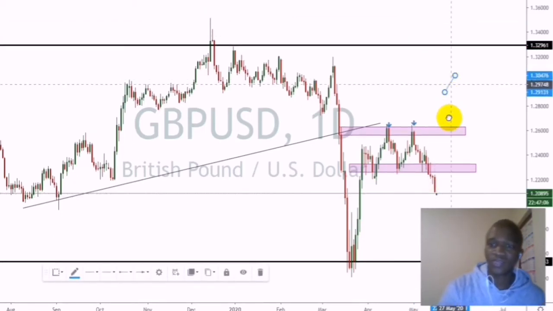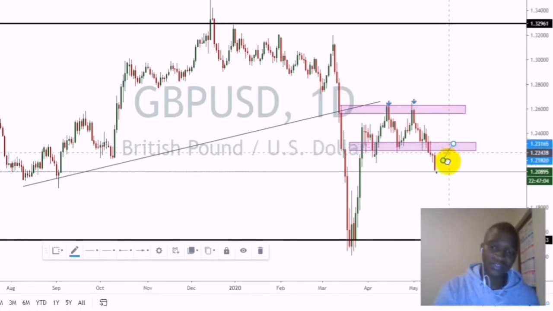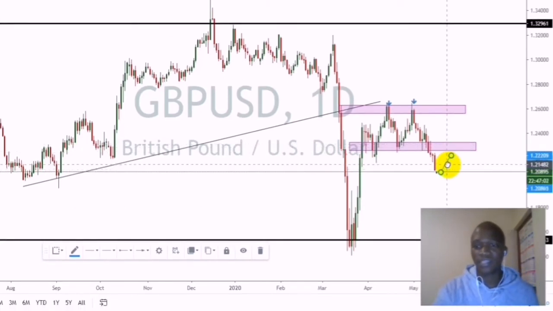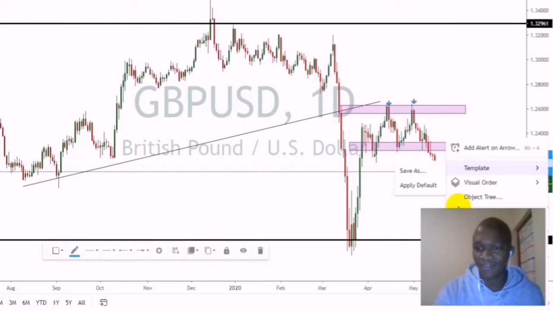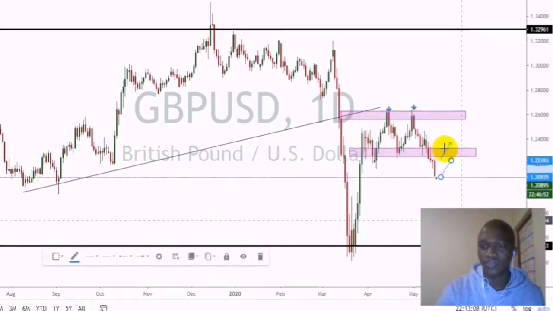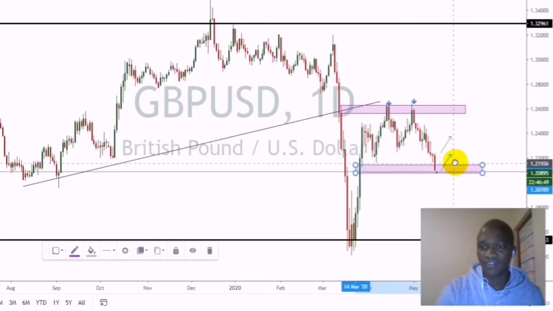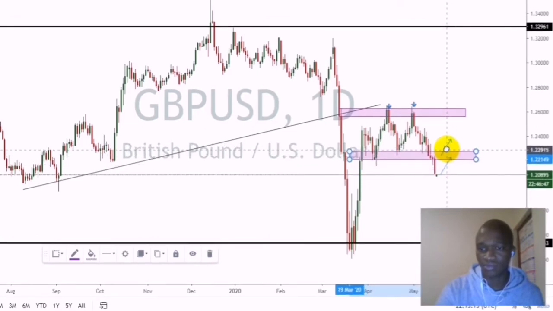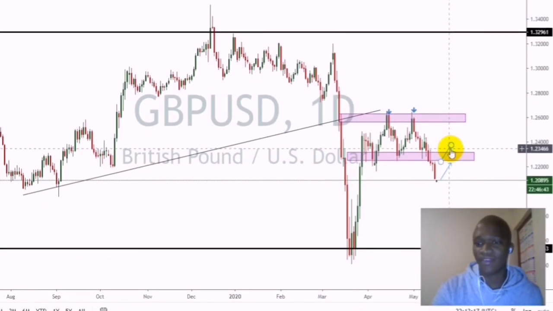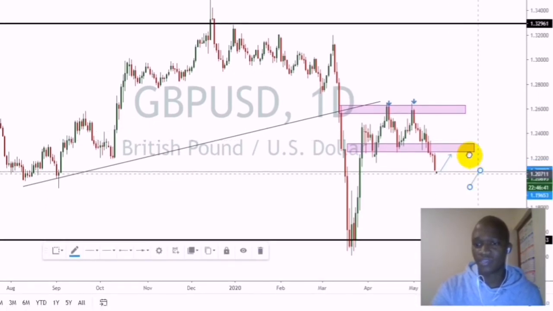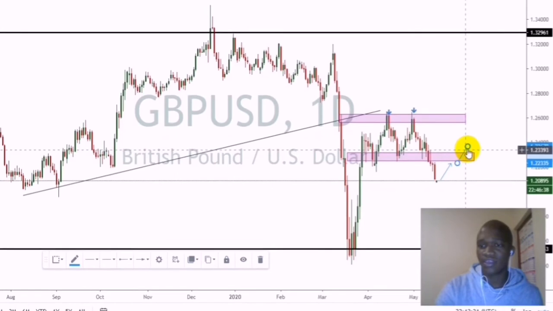We need to wait for the candlestick to finish before we can confirm our next move. From here, I believe GBP/USD is going to come back for a small retest, and after retesting, that is when it's going to sell even lower.